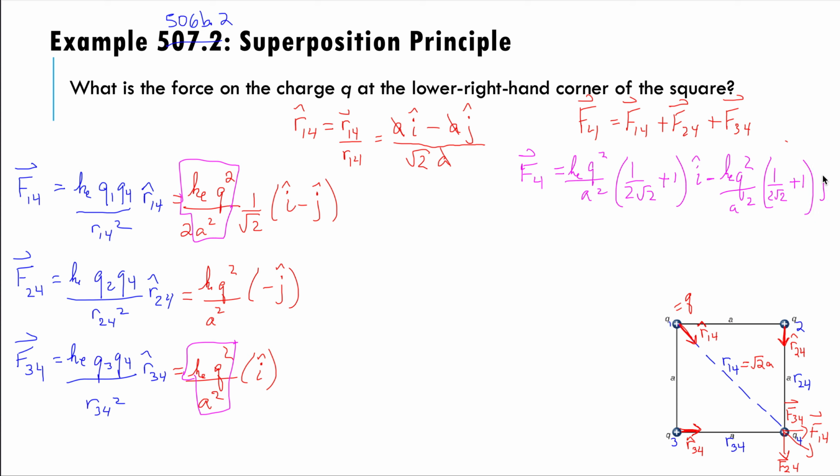So all of this is the j hat direction. So this is our final answer for the net force on charge 4. It does look a little bit clunky, but if we had values for the charges and for the distances, we could plug them all in to get a very simple answer in terms of i and j, so in terms of the unit vectors. So hopefully you enjoyed this example using the superposition principle for Coulomb's law and unit vector notation.